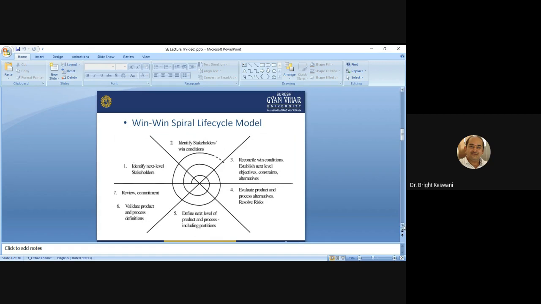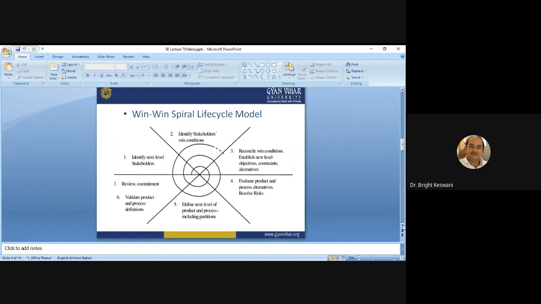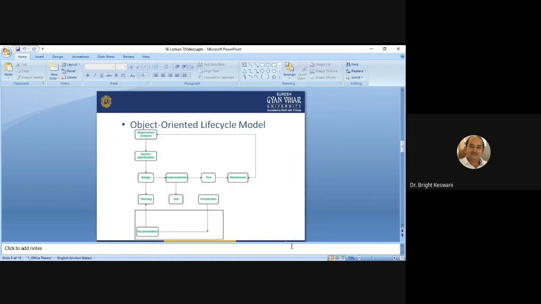Now let's come to the next model, that is the object oriented lifecycle model. It is again an important model. While not strictly a software lifecycle model, object oriented development employs an object oriented strategy, and object oriented software engineering is also geared up.